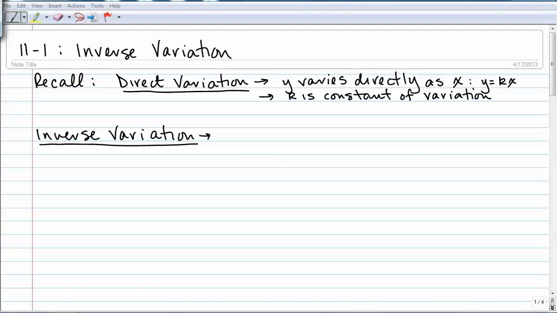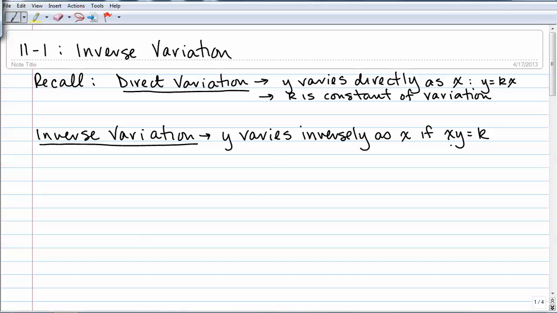Well, today we're going to talk about something a little bit different, and it's called inverse variation. And what that means is y varies inversely as x if x times y equals k.